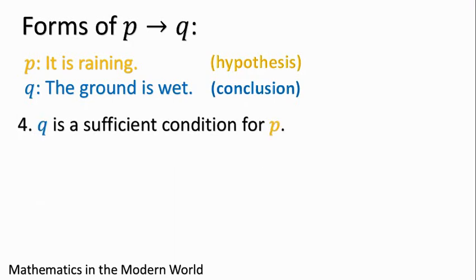The fourth form of P arrow Q is Q is a sufficient condition for P. When this phrase is used, the conclusion becomes the subject and you will see the hypothesis in the predicate.